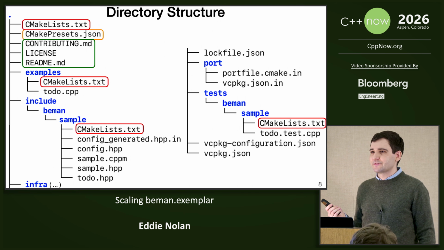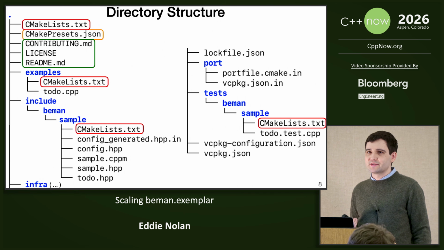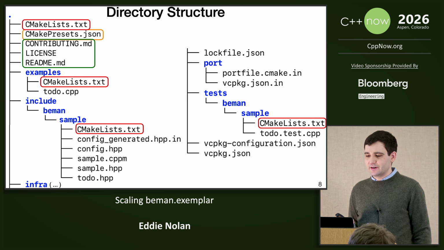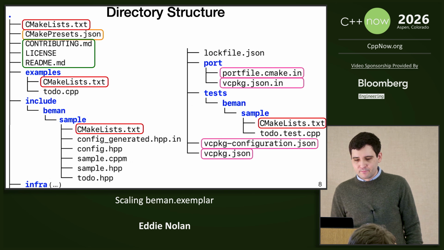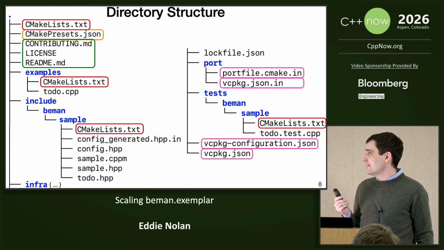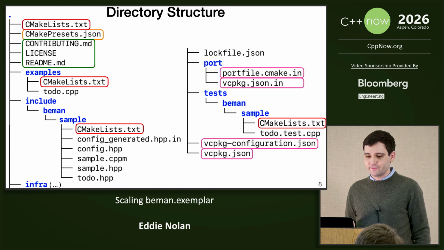And of course, we have a license file, which is usually the Apache 2.0 with LLVM exceptions license, which is the same one used by libc++, although we also allow the Boost software license, and some libraries use that license as well. We have these VC package files. Some of these are template files, some of them are configuration files.